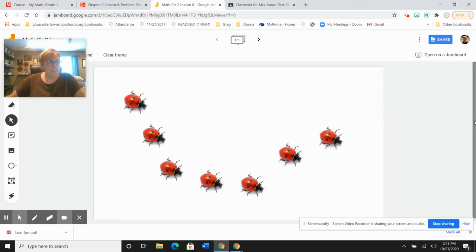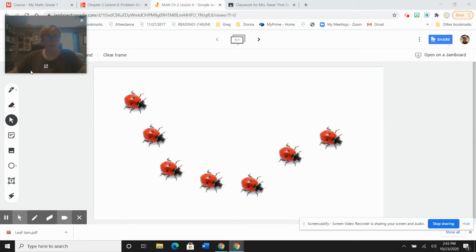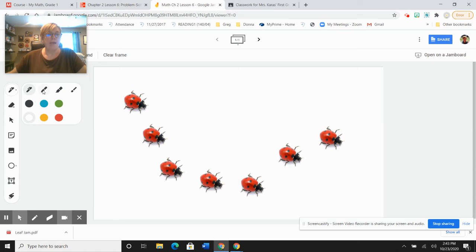Well, I need to figure out, and this is one way to do it, we can have a little diagram here, and I can just X out the ladybugs that are leaving. So 5 of the ladybugs are going to fly away off of this piece of paper, and I want to know how many ladybugs are left.